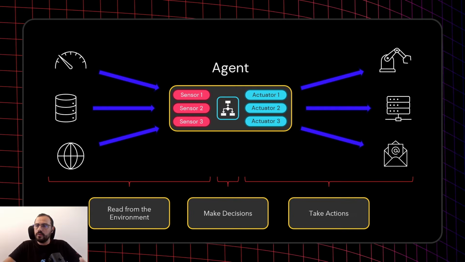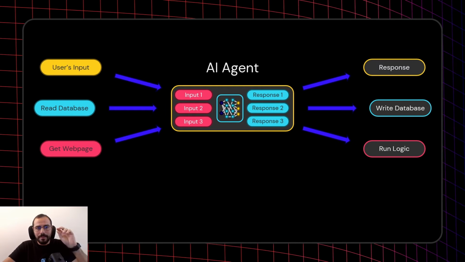So if you have a piece of code or an entity anywhere in the world that has these three characteristics, so it's something that can read from the environment, it can make the decisions based on some decision maker algorithm, and then take actions, this means that you have an agent, right? So this means that for us to have an AI agent, the only thing that we need to do is to take this middle part that we call the decision maker, right, and replace it by an AI model.